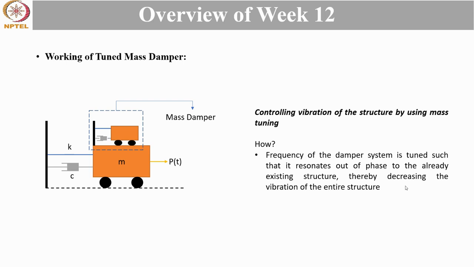Suppose the base structure is vibrating at a certain frequency, the mass damper system will try to vibrate out of phase of that frequency such that the net vibration is limited, and this is known as destructive interference, which is limiting the net vibration of the structure. So this is how a mass damper works. We will see a numerical today where we will also design a mass damper system.